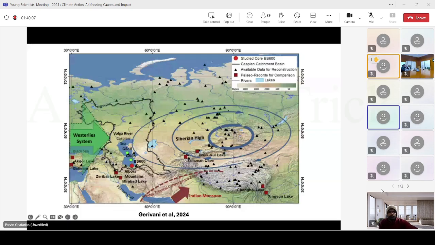Iran's climate, especially in winter, is influenced by the west, from the Black Sea cyclones. Additionally, the northeast and the north of Iran are affected by the Siberian high, especially in the winter, and the southeast of Iran is influenced by the Indian monsoon.